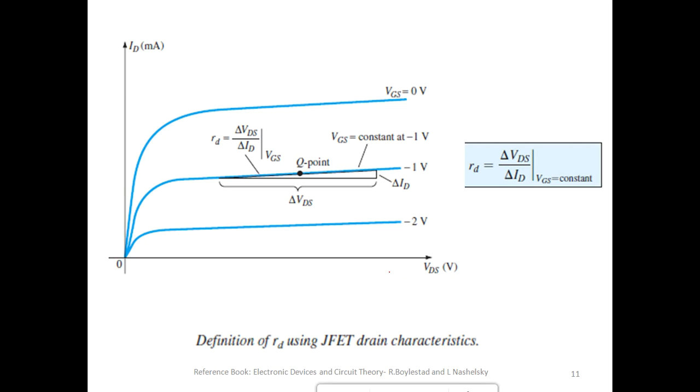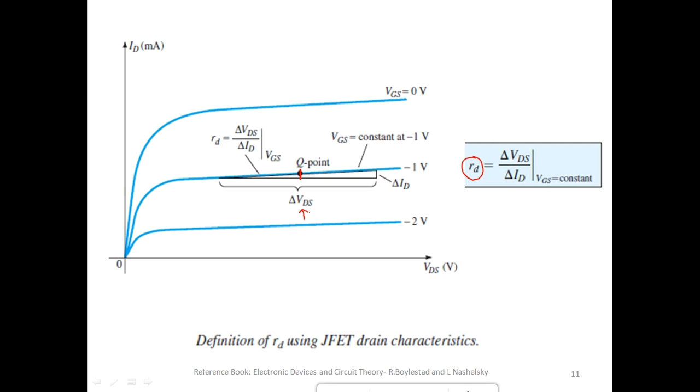Going to the output characteristics, you can obtain the output impedance rd, which is equal to delta VDS upon delta ID. The procedure is again the same. Just note the Q point on the drain characteristics, and depending upon the value of delta.